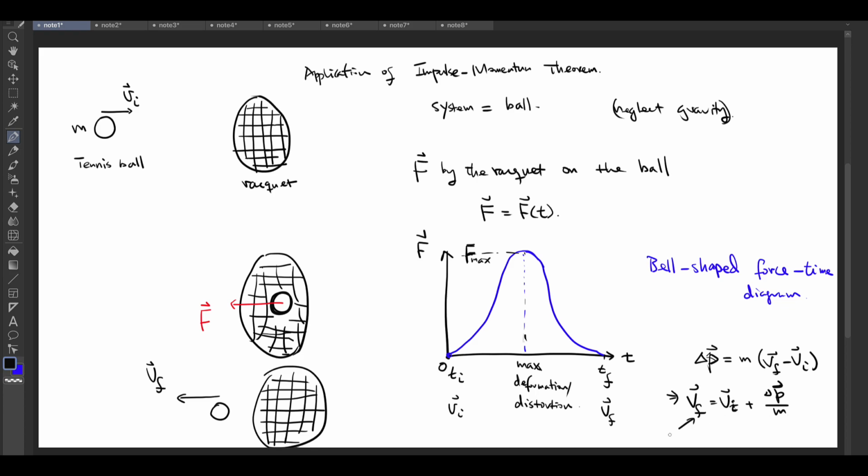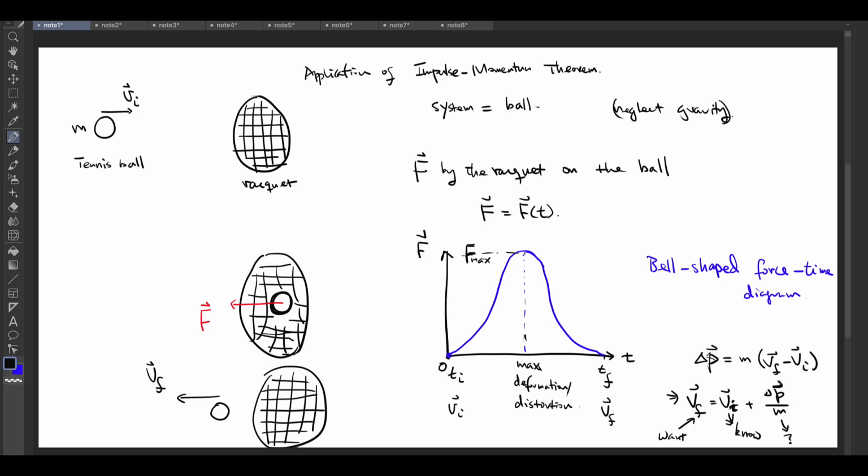So that's something we care about, right? So we want this, and we know Vi. Okay, so the question is, do we know delta P over M? What's this?